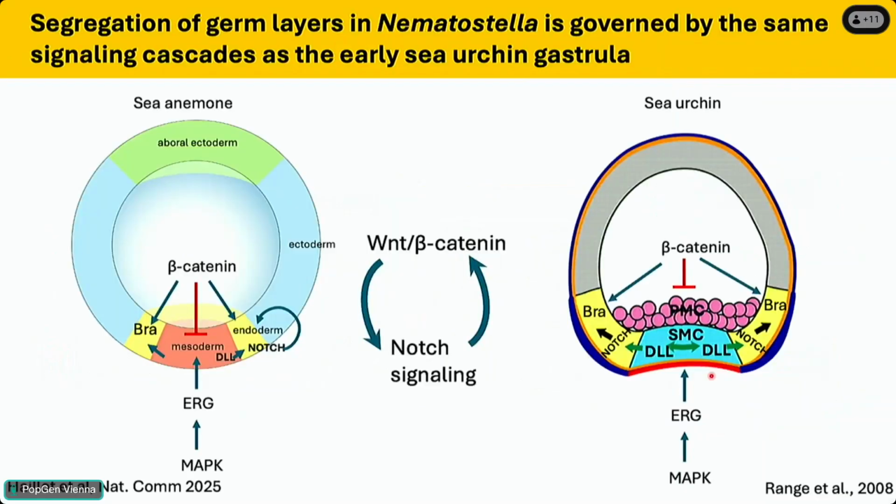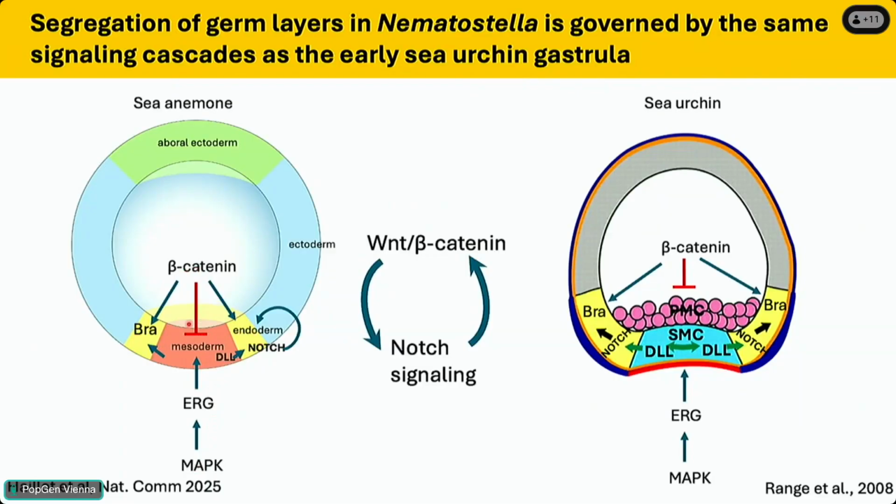Okay, now coming back to the beginning, what we found is this interplay between these three pathways: beta-catenin suppressing mesoderm but activating endoderm, MAP kinase through ERG promoting mesoderm formation, and then the interaction of notch delta providing the ring of endodermal markers.